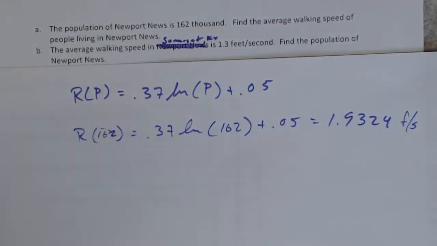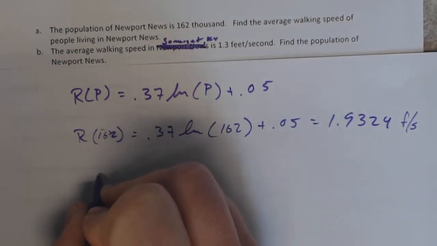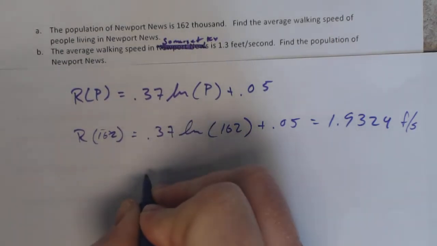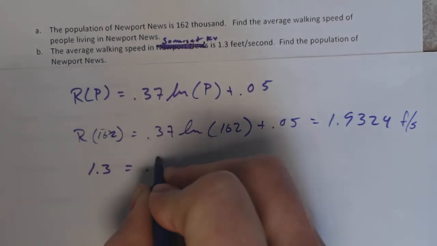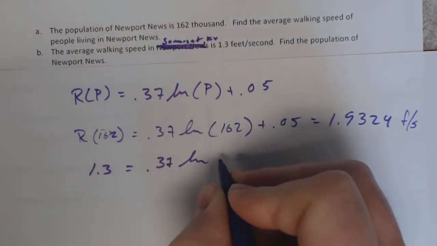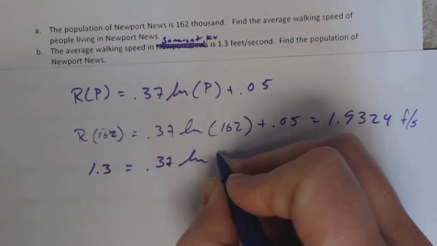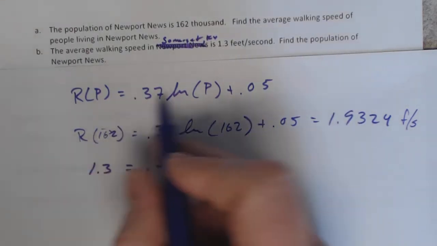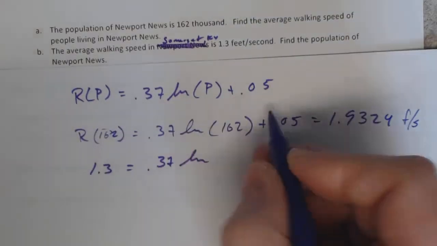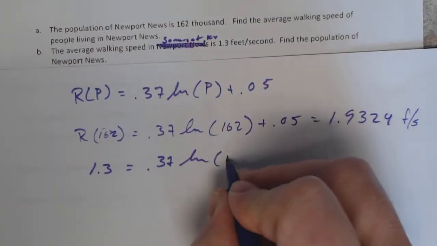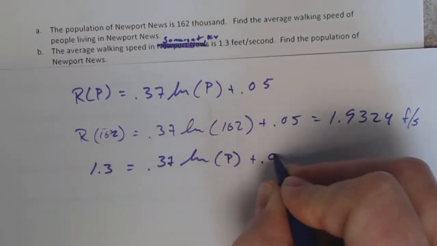So we need to find out what the population actually is. The output is 1.3. The function is for any city, and we want to know the population.